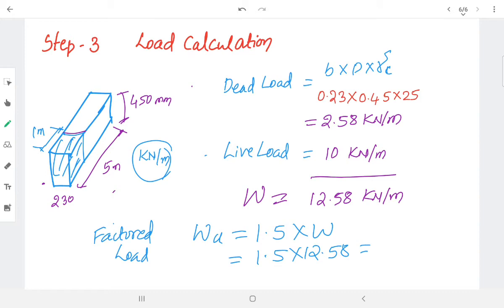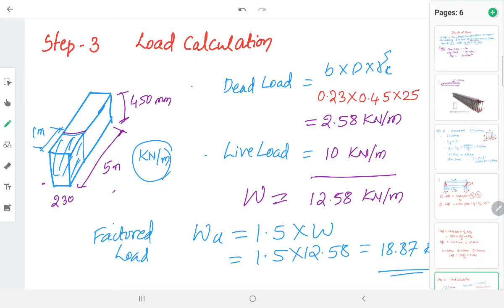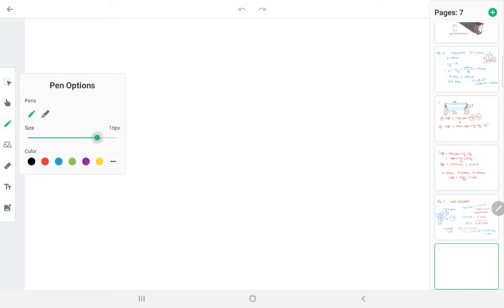When you calculate, 12.58 into 1.5, this will be equal to 18.87 kilonewton per meter. This is the factored load acting on the beam. Now here I'll draw this one. That is the next step.